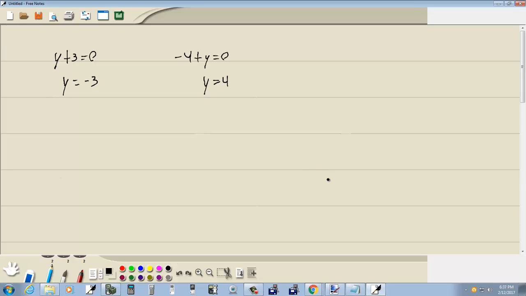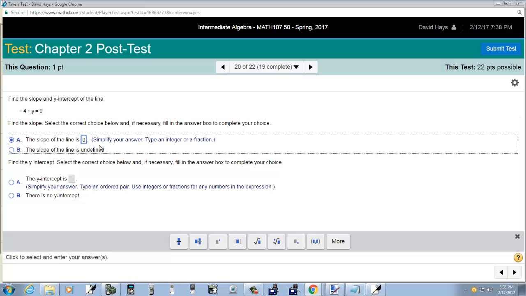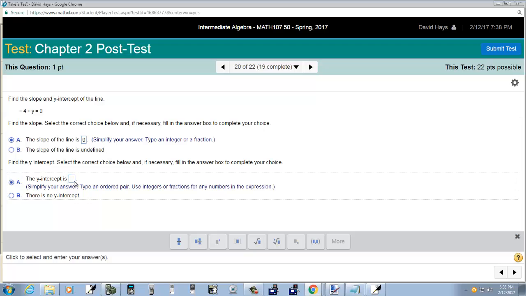Find the y-intercept. Let's graph this. It's going to be a horizontal line at 4. Now again, obviously m is equal to 0, and it crosses at 4, so my y-intercept would be 0, 4.